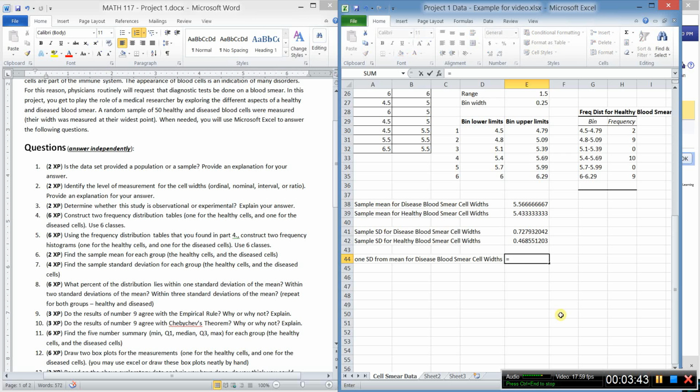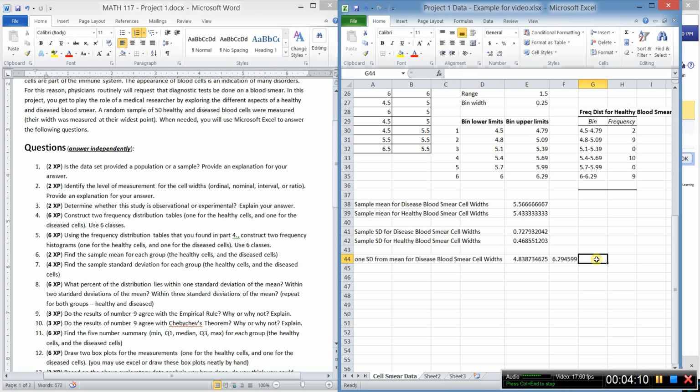That will be the sample mean minus the sample standard deviation for the lower, and then the upper will be the sample mean plus the standard deviation. So there's the lower and the upper for one standard deviation within the mean.